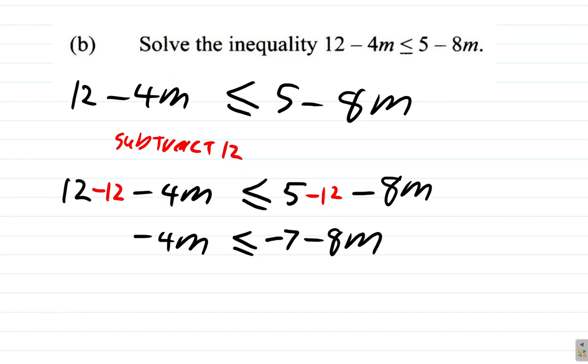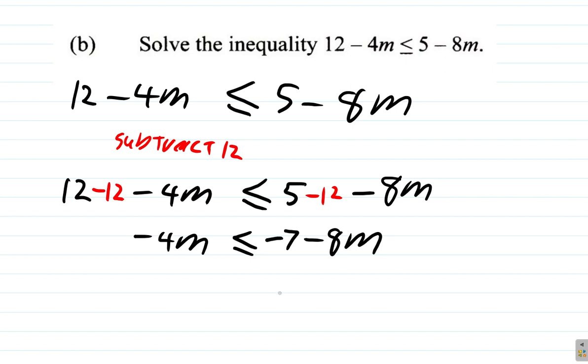The next thing I want to do, and remember the reason why I subtract 12 is because I want pure numbers on one side, and then numbers with m together on the other side. I'm putting like terms together. I can't subtract m from both sides now. The 8m, I want to move the 8m.